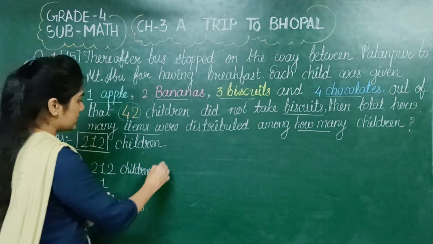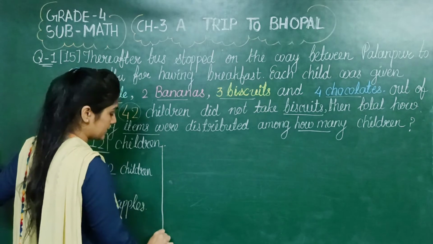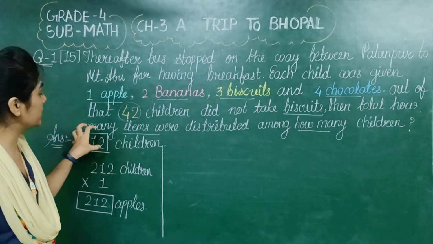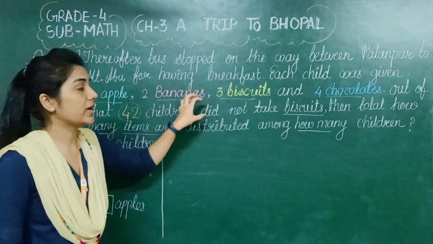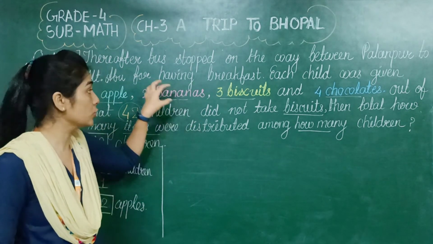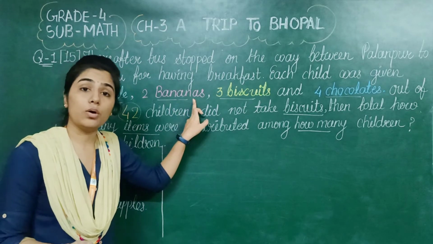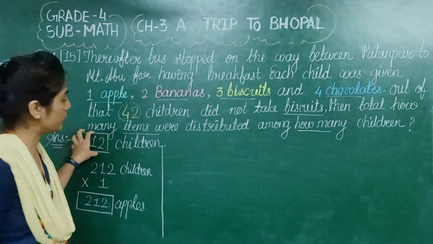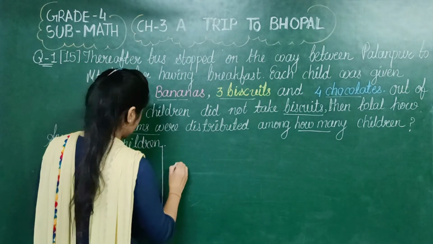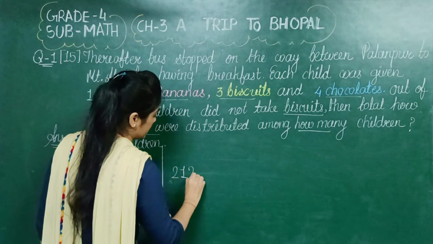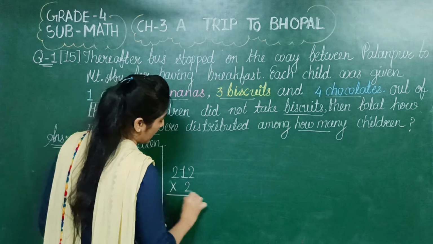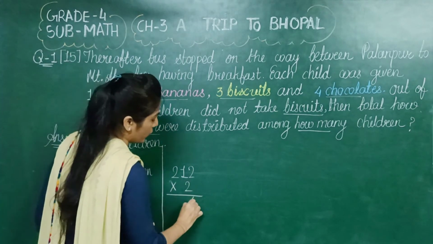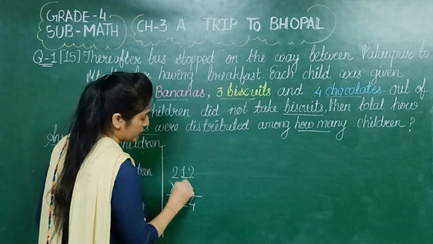Now we'll see the calculation of the next item, which is 2 bananas. Among these 212 children, 2 bananas are distributed, means 2 bananas are given to each child. So how many total children are there? Total 212. With this total of children, we will multiply these 2 bananas. 2 twos are 4, 1 two is 2 and 2 twos are 4.